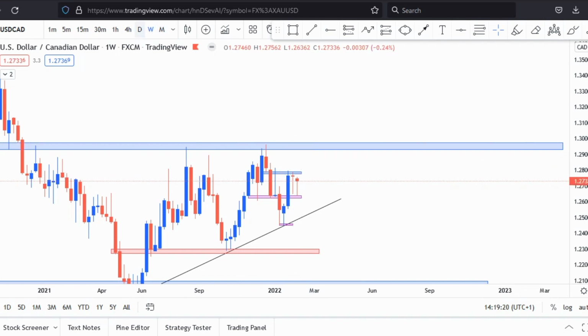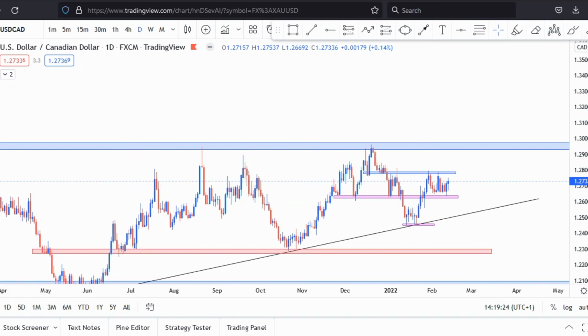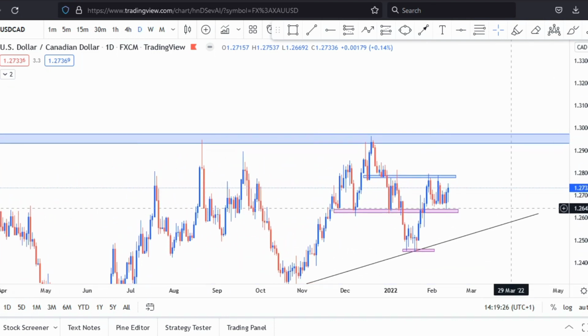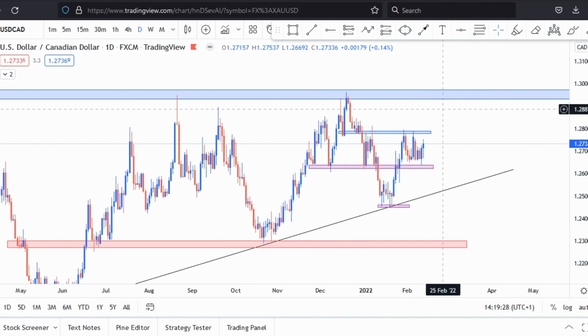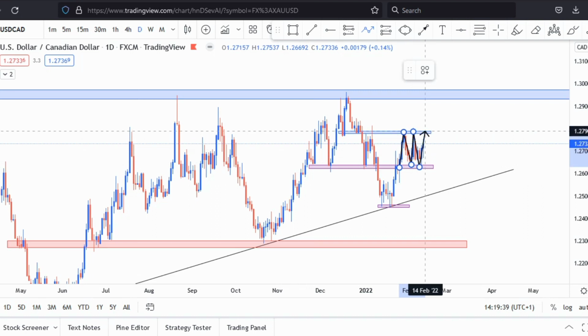So how do we capitalize on this trade? When we go to the daily time frame, we can see that price has been ranging quite a bit when price broke into this area. So it came back down here, went back to resistance here, back to support here, and now price is heading back to resistance here.